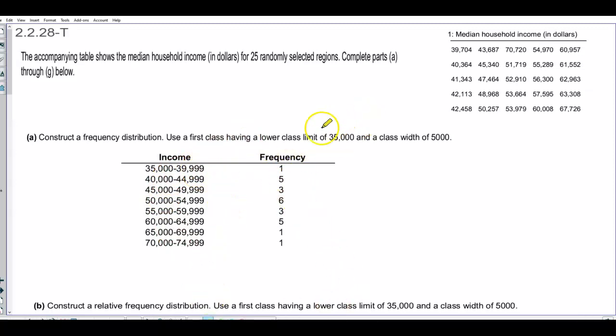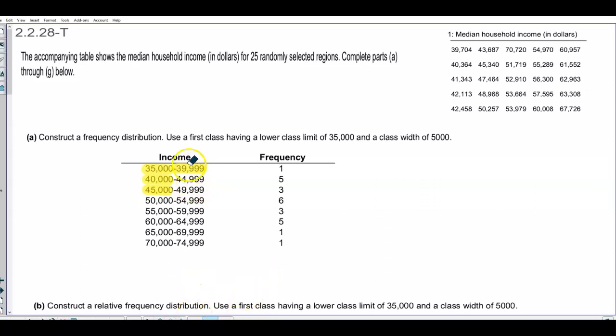So we're starting with a lower class limit of 35,000, and we have a class width of 5,000, so we're going every 5,000, which means this first class is going to end at 39,999.